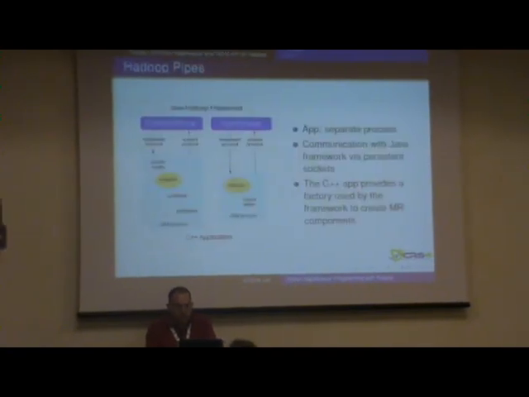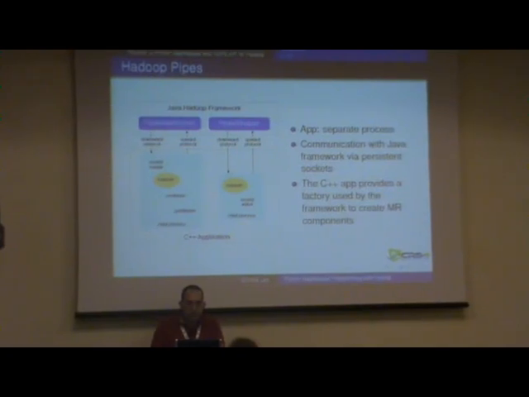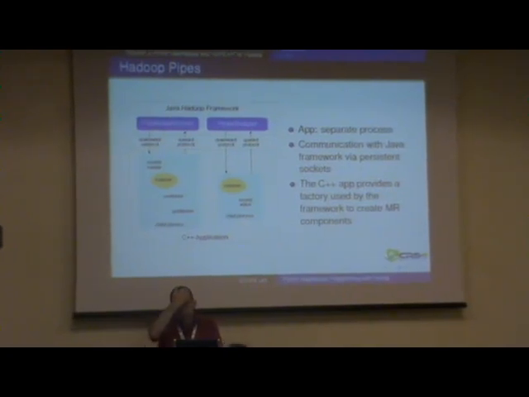So some words about the architecture. Pydoop is based upon Hadoop Pipes, the C++ API. Pipes is a framework where your application resides in a separate process which communicates with the main framework through a specialized protocol.